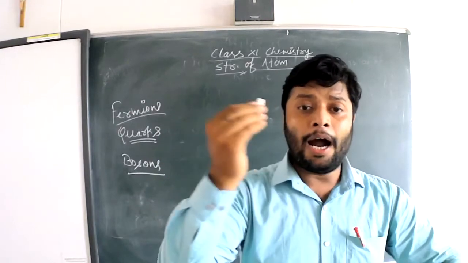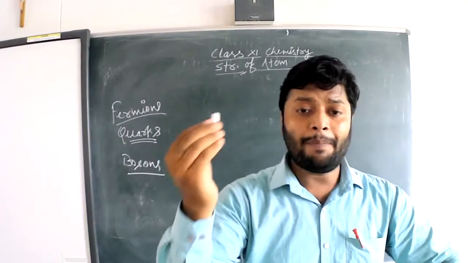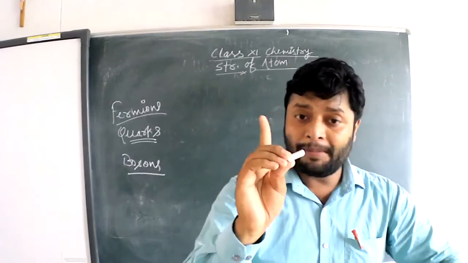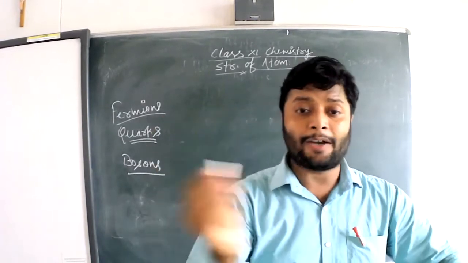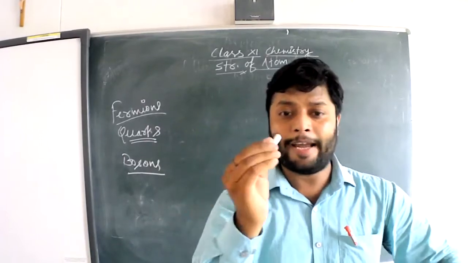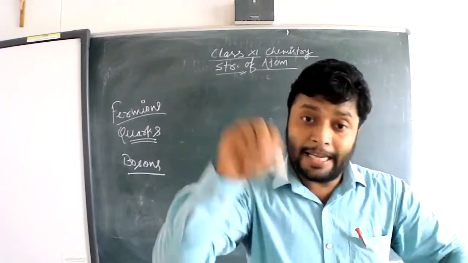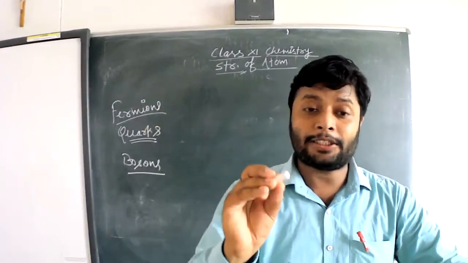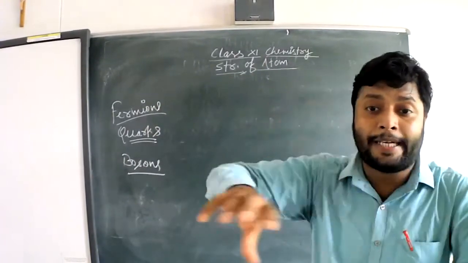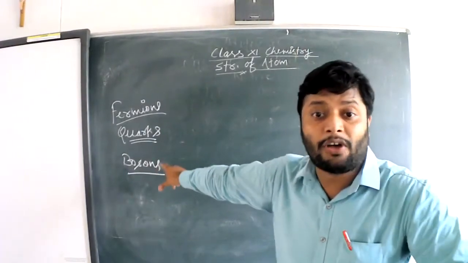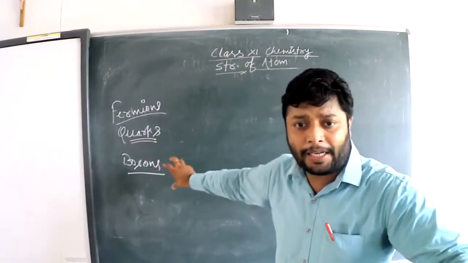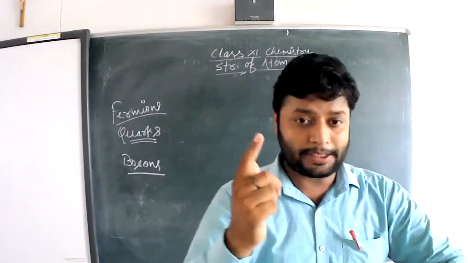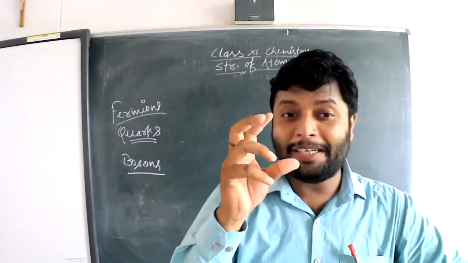That is half integral spin, or anti-clockwise. But if the particle has the tendency to rotate clockwise and anti-clockwise simultaneously, that is called integral spin, and this property belongs to the boson particles. Boson particles having integral spin can rotate in both directions.